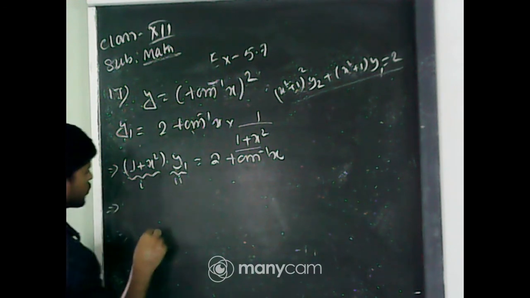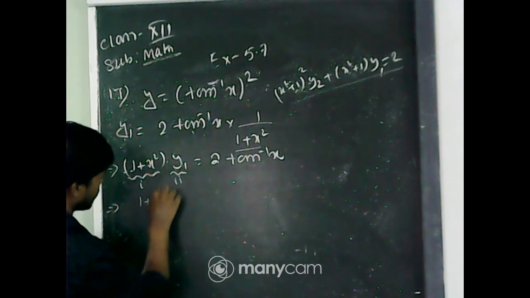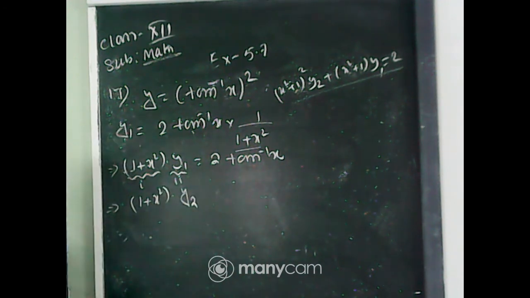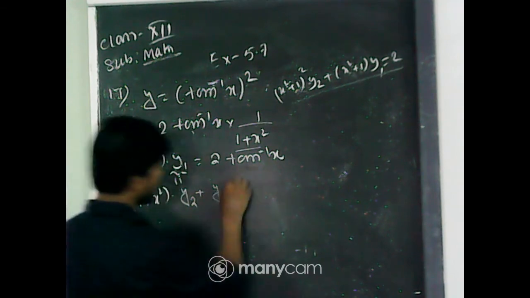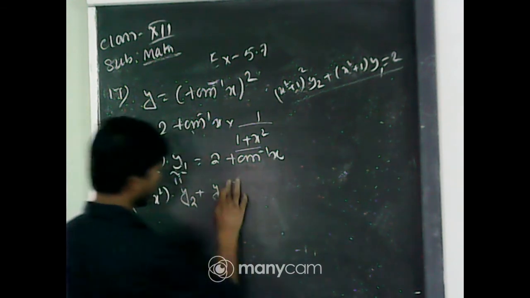So differentiating both sides with respect to x again, we have 1 plus x square, first function fixed, and the derivative of the second function. The derivative of y1 is y2, plus, now the second function is fixed, and the derivative of the first function, which is the derivative of 1 plus x square.